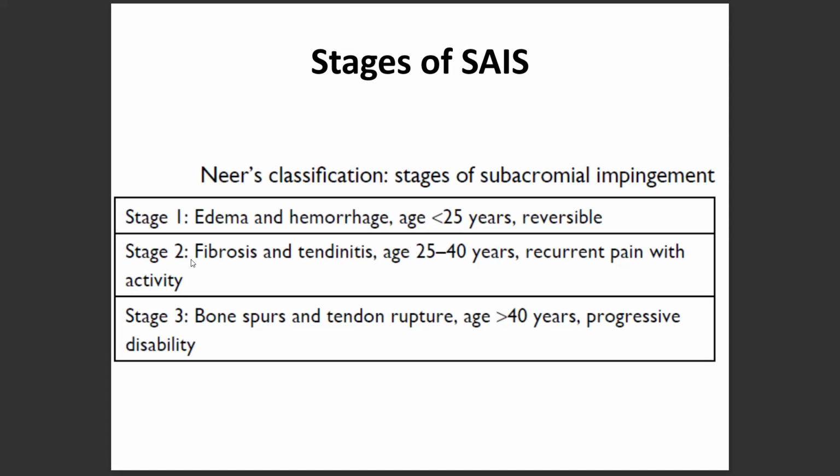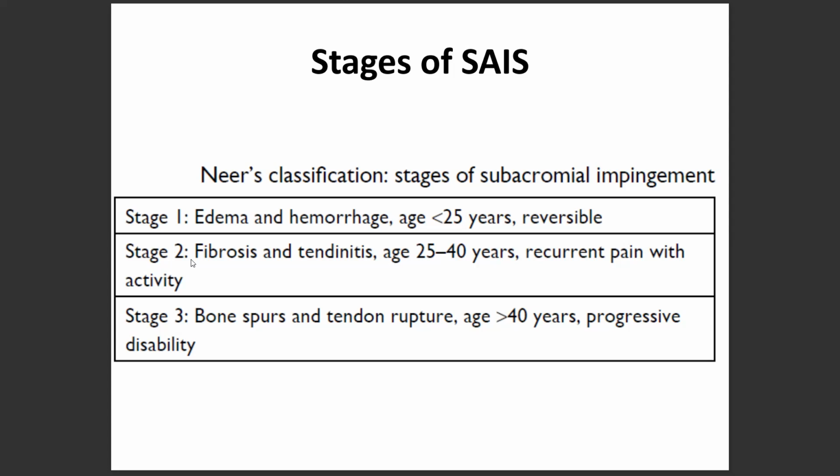On the other hand, in stage 2, instead of hemorrhage and edema, there will be fibrosis and tendinitis, and this mostly occurs when the patients are between 25 and 40 years of age. Recurrent episodes of pain may occur, or there will be an increase in pain, specifically with overhead activity.